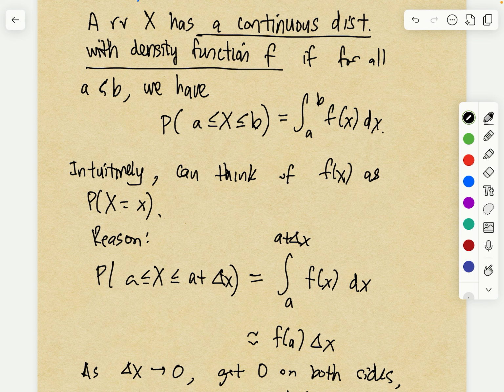It's because if you have the probability that x is a for a discrete thing, right? If you think of that and multiplying it by a width of delta x, that tells you approximately the probability that x is between a and a plus delta x. And that's equal to the integral of f of x, which is approximately f of a times delta x.